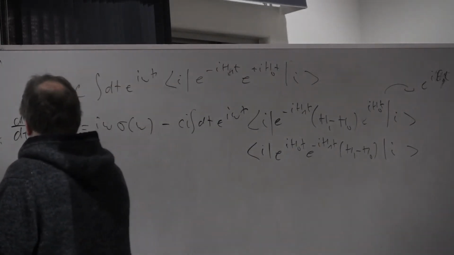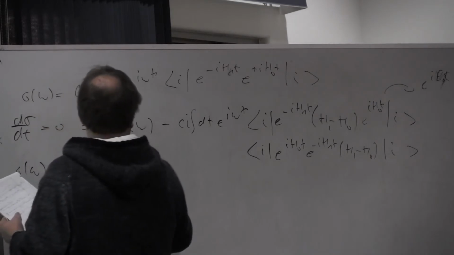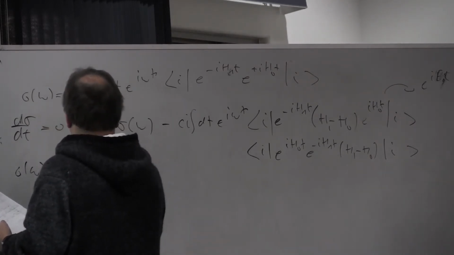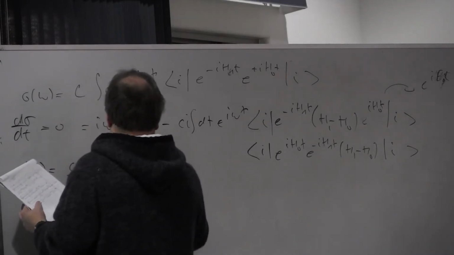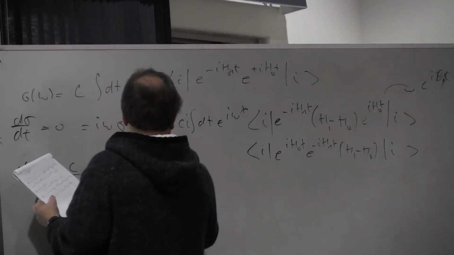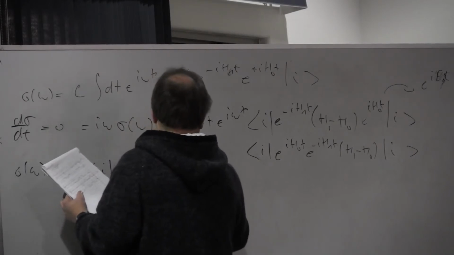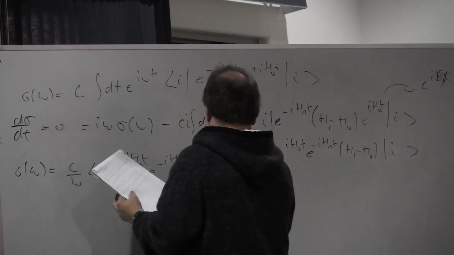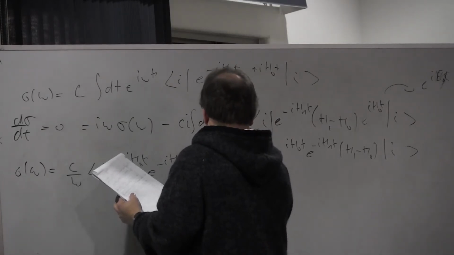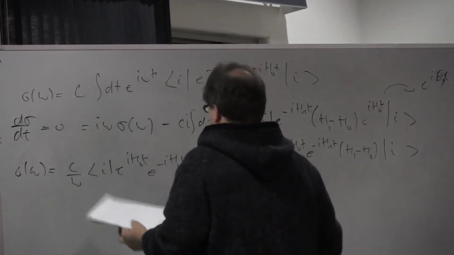So I write sigma of omega equals, just from that one here, c over omega, e to the I omega t, and the minus e to the I h1 t, h1 minus h0 times initial.